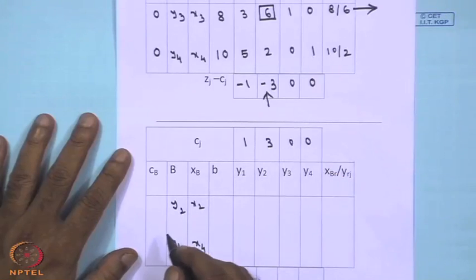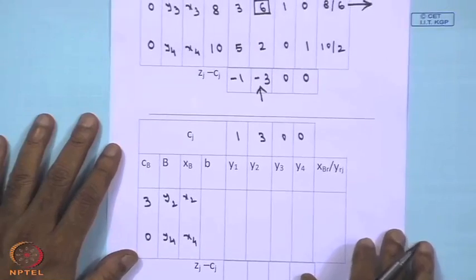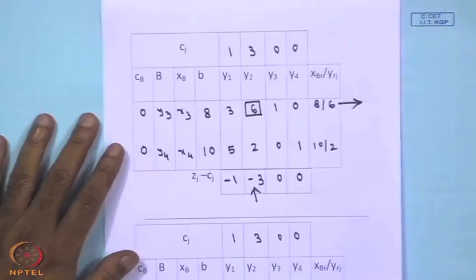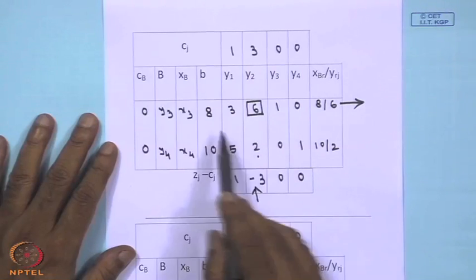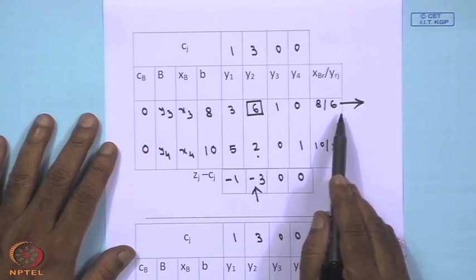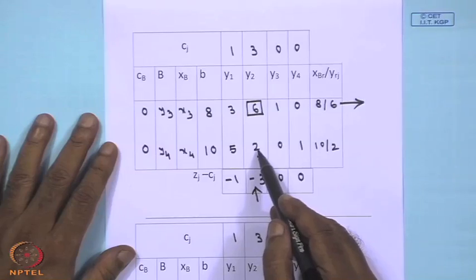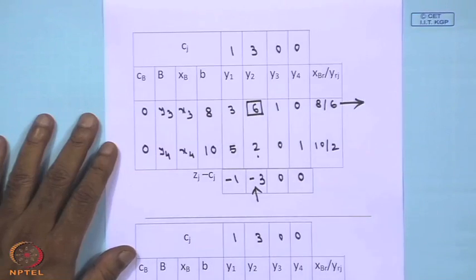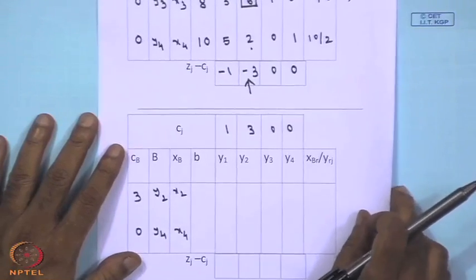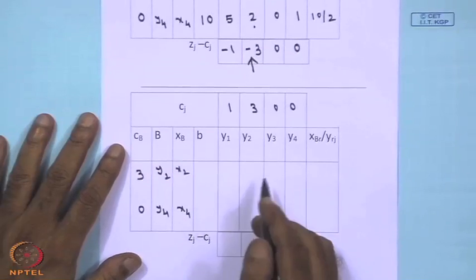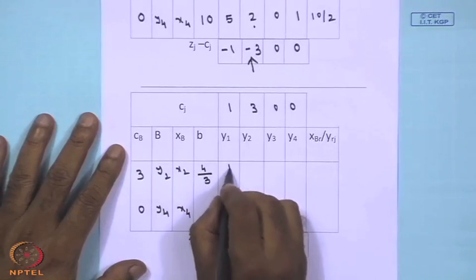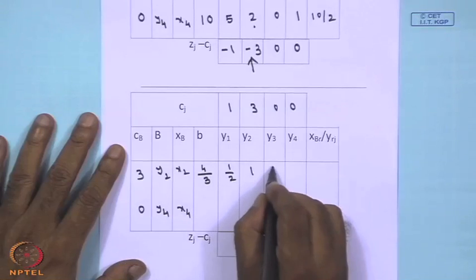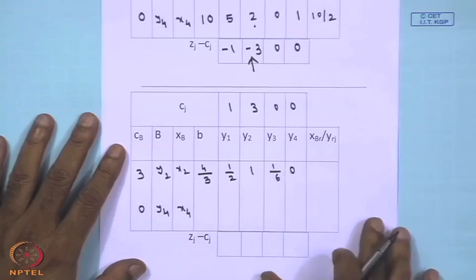Cb will be 3 and 0. So, basically you have to make this element 1 and this element 0. So, first row you are dividing by 6 and for the second row you are multiplying by 3 and then subtracting. So, I am writing the result, the value is like this: 4 by 3, half, 1, 1 by 6 and 0.